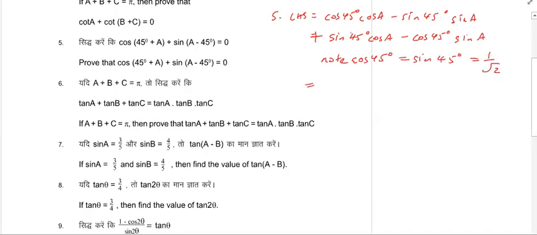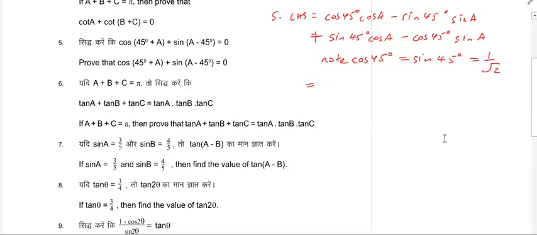So cos 45 cos a minus cos 45 sine a, those two cancel out. Then we have sine 45 sine a and sine 45 cos a, cos 45 cos a. Sorry, we can't cancel out the incorrect ones.